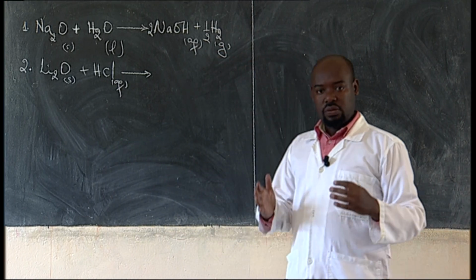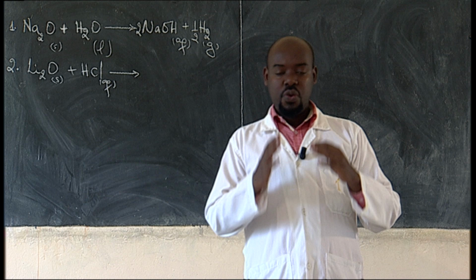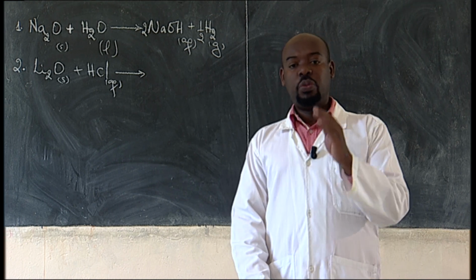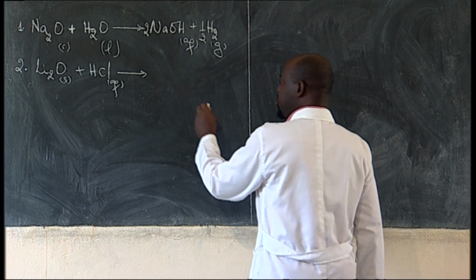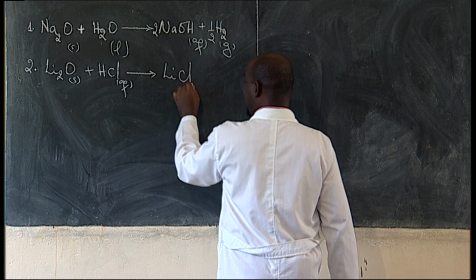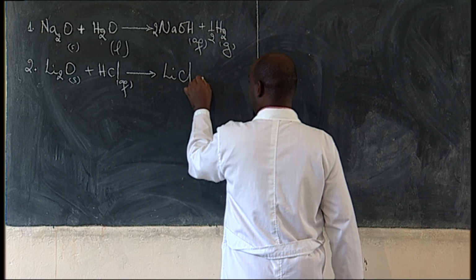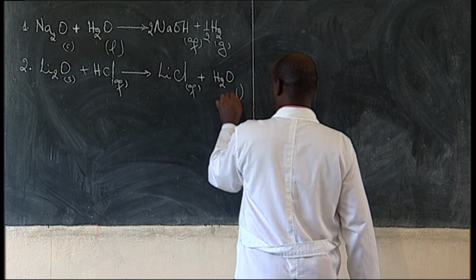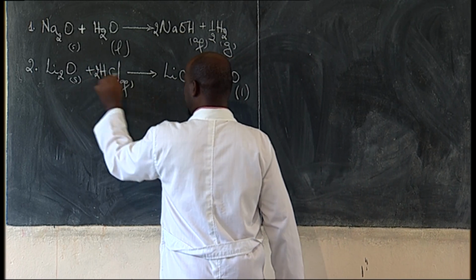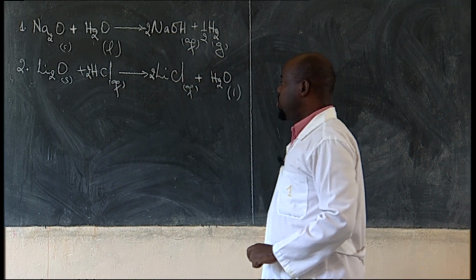When they react, the basic oxides react with dilute acids to produce a salt and water. So the salt we produce is lithium chloride and H2O, water. So we use 2 here, and we have 2 here. The equation is balanced.